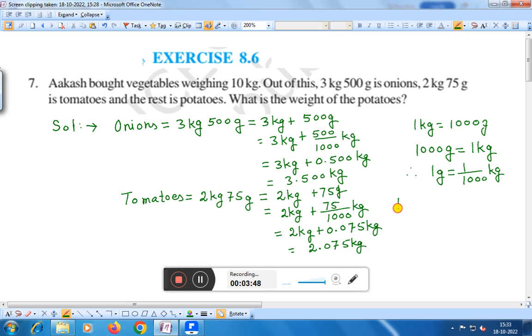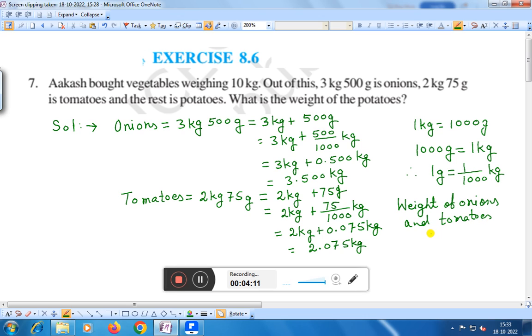Now the weight of onions and tomatoes together, right? You have to add it.